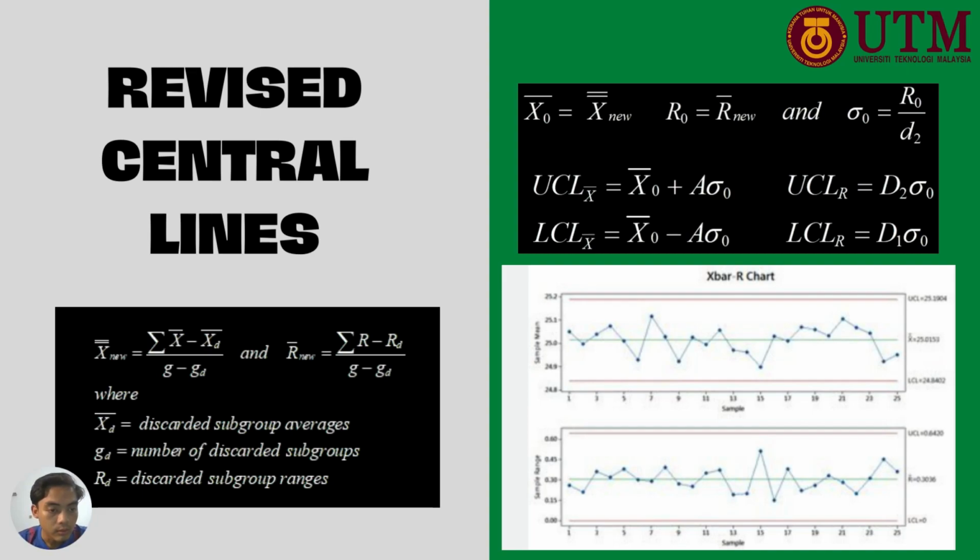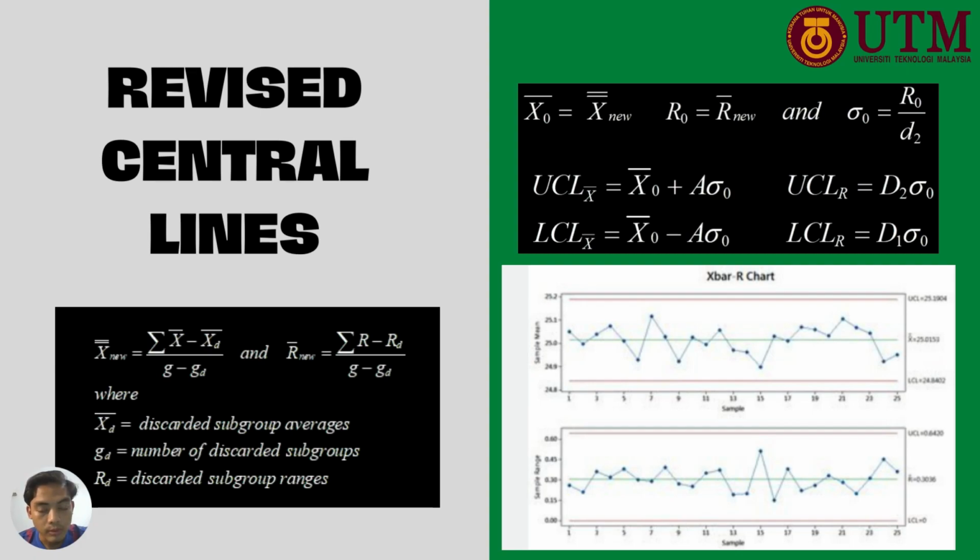Firstly, we need to calculate again, the same as the step before. So we need to find the S new and R new using this formula. But to find the upper control limit and lower control limit, the formula is a little bit different, with sigma naught equal to R naught divided by D2.